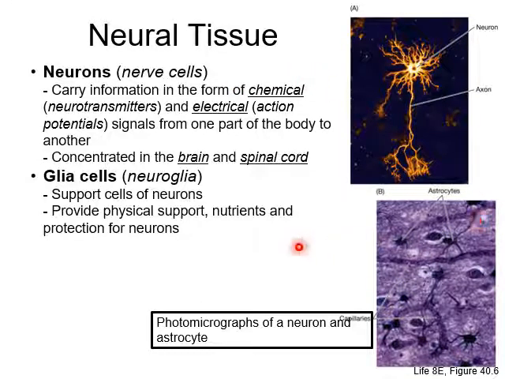Besides the neurons, we have the glial cells, so we'll talk a little bit about them, but there will be a lot of focus on the neurons, the ones that actually carry the information and signals to and from the nervous system.